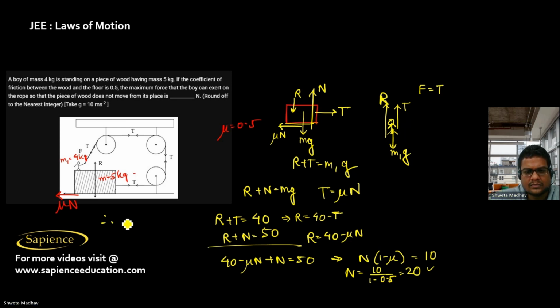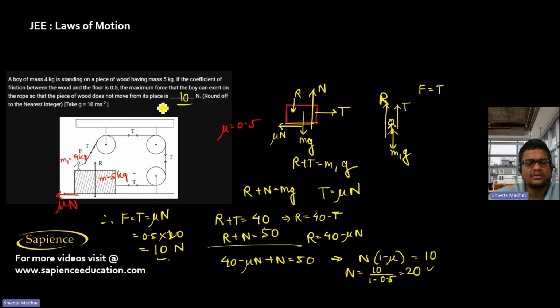F equals T equals mu N, which is 0.5 into 20, so that is equal to 10 Newton. So 10 Newton is the force that he should apply on the wood so that it does not move from its place.